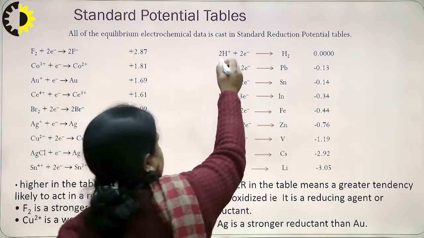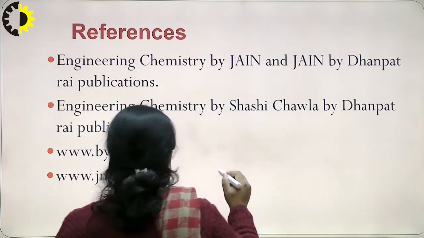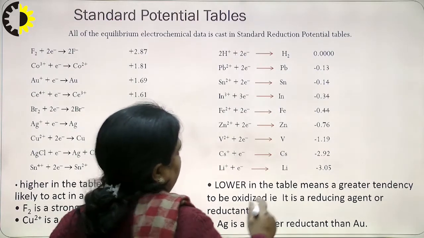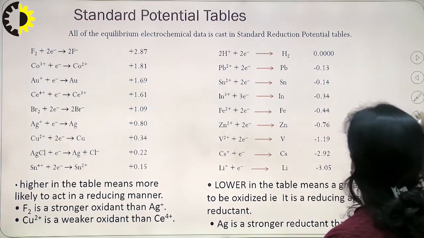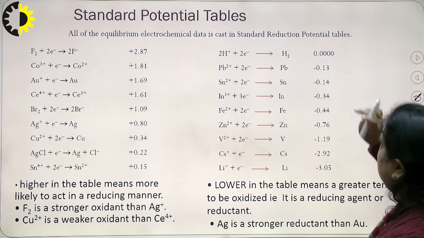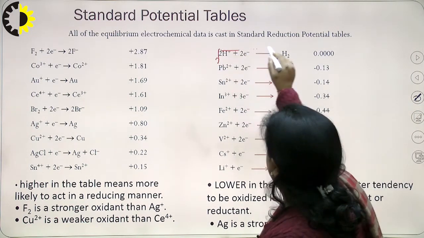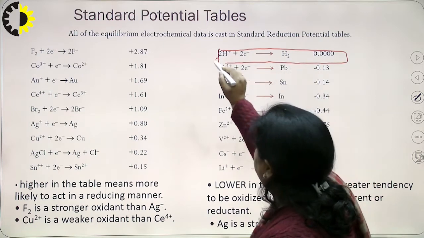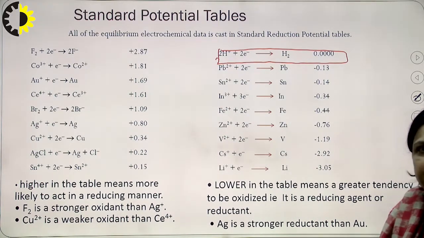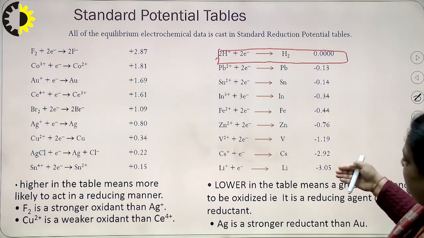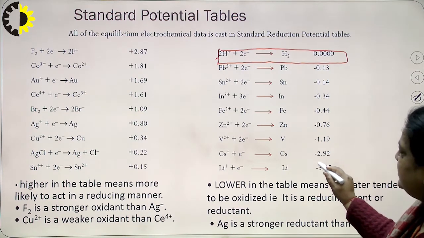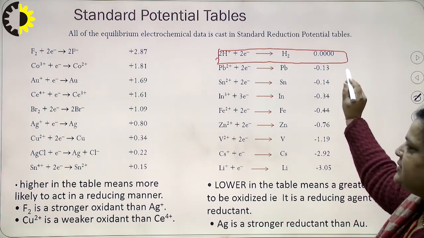Hydrogen has 0 reduction or oxidation potential, but since this is a reduction reaction, we say reduction potential, and minus 3.05 is the least value, and this is the increasing order.